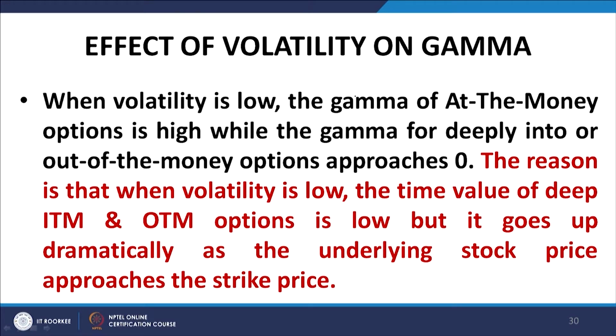Let us start with the volatility being low. If the volatility is low, then an option which is in the money or out of the money is likely to remain more or less at the same level at expiration. Why?